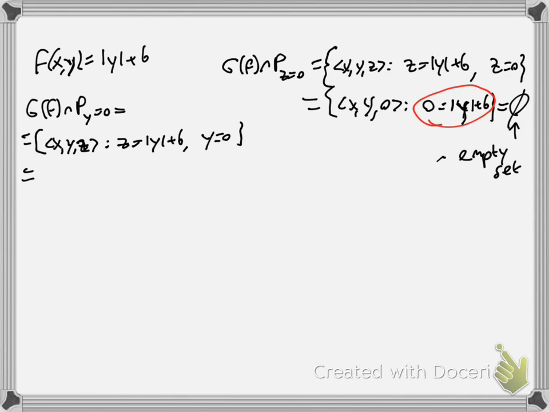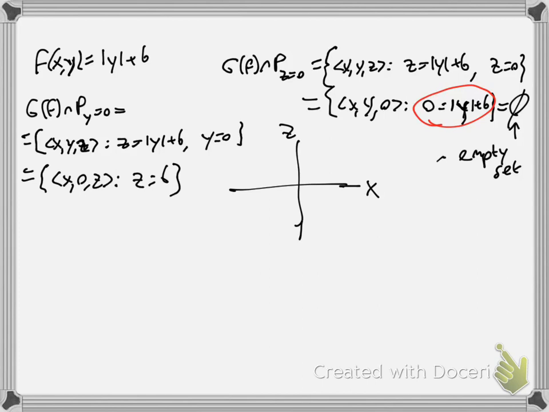Therefore, plugging in y equals 0 will give me (x, 0, z), such that z is equal to 6. Okay, so now let's draw this in the xz plane. Let's do it over here. x, z, z equals 6. So this is what it looks like in the xz plane.